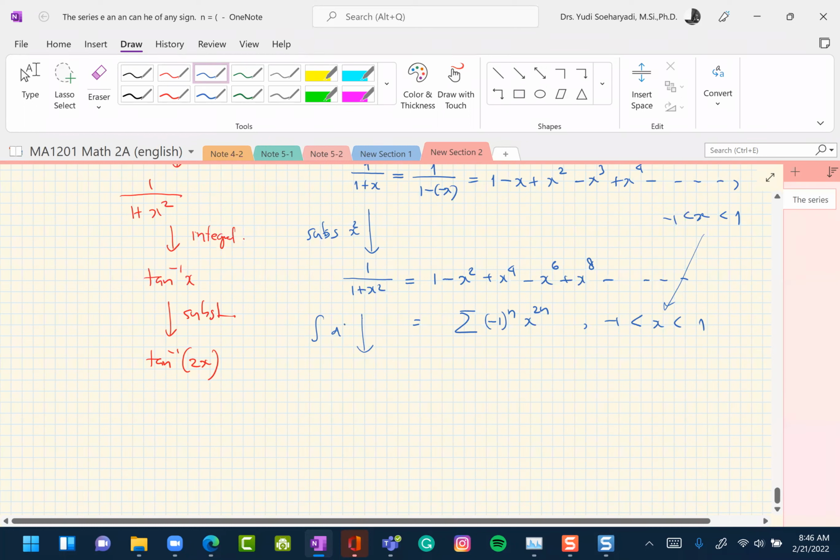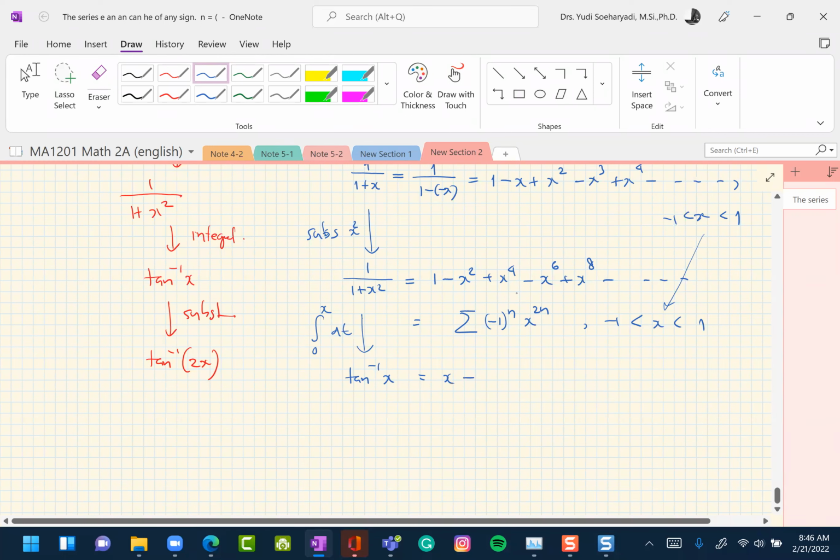And now you integrate dt from 0 to x. Then you get tan inverse x. Okay. So integral of 1 gives you just x.